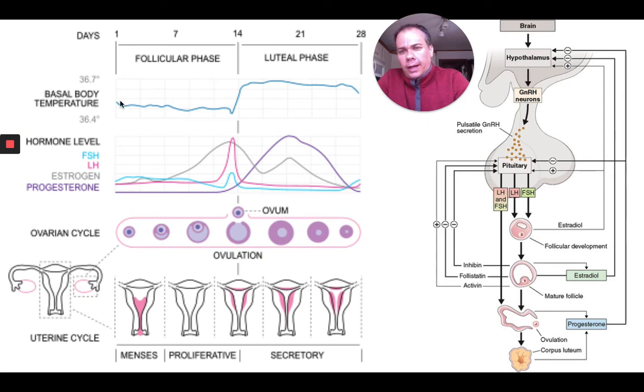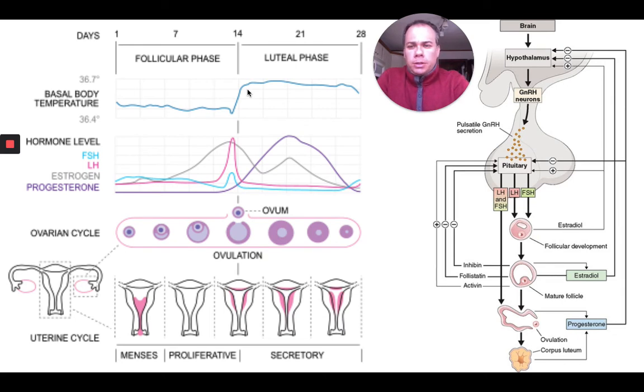During the ovulation stage, there's an increase in body temperature, which stays elevated for the luteal phase. And so some women actually use this to try to time when they're ovulating. Some women can take their temperature daily and start to know exactly when they're ovulating by that change in body temperature.